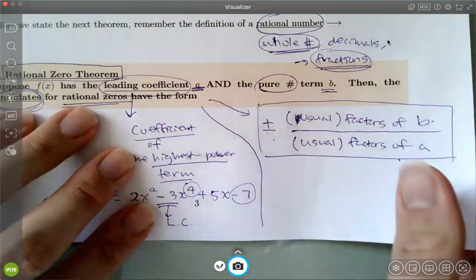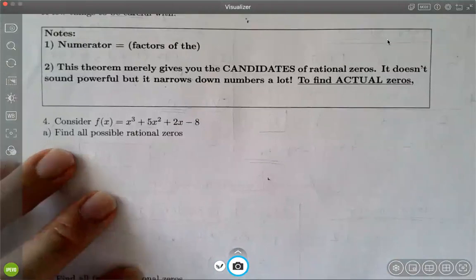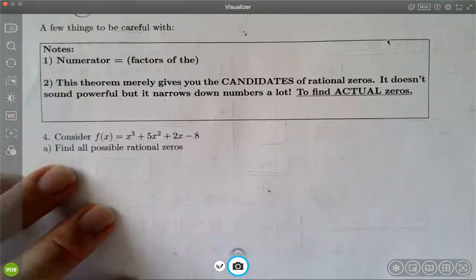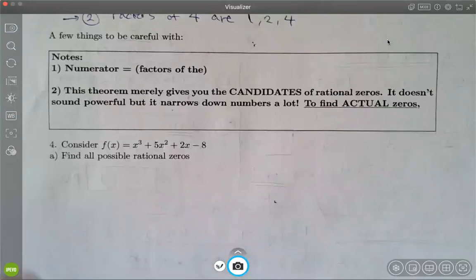Now, two remarks about this rational zero theorem. What people get confused about is what goes to the top and what goes to the bottom of the fraction. Here is my recommendation.